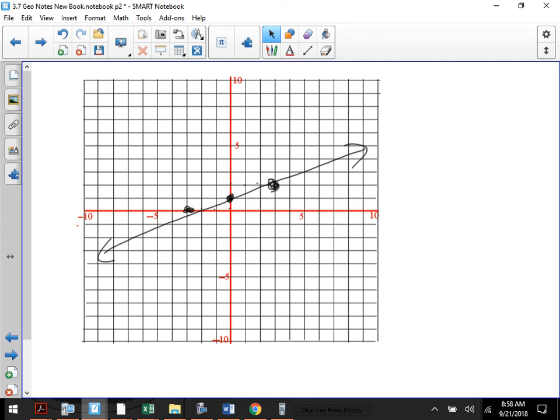What you want to do here, as you look at those graphs, is try to identify what the y-intercept is. The one that I'm looking at, my y-intercept is at 1. So I know my b value is 1. I also know that if I walk my graph, if I go up 1 and right 3, what's my slope?